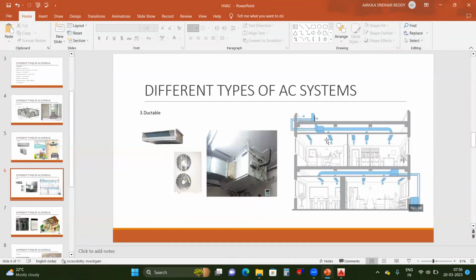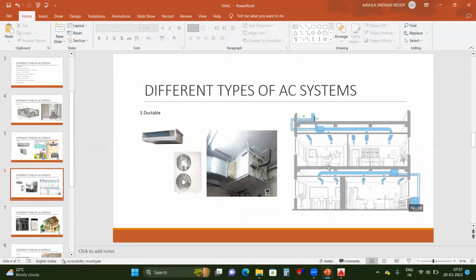This duct and air terminal design we will see in our upcoming classes. For now, just remember the names of these elements. Later we will go into detail on how to design the duct and the air terminal. The air will transfer to the duct, and from the duct it is distributed into the room with the help of air terminals.